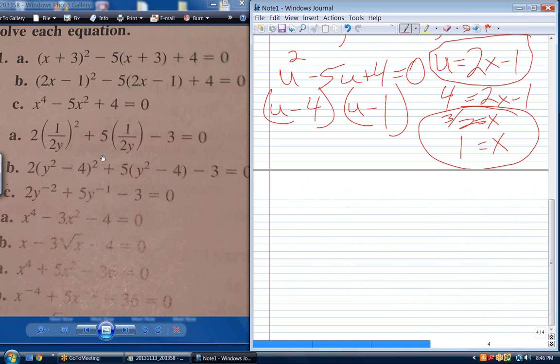Yeah. Always let u equal the middle term like that. So in this one, u would equal 1 over 2y. What happens to that negative 5 in letter C? It becomes u squared minus 5u plus 4. Oh, okay.